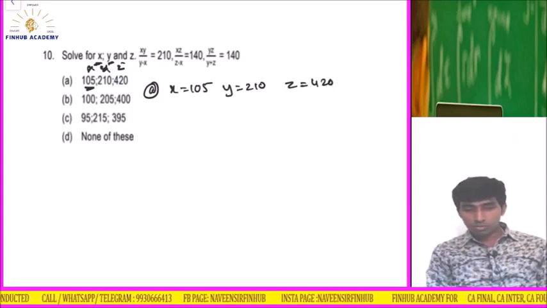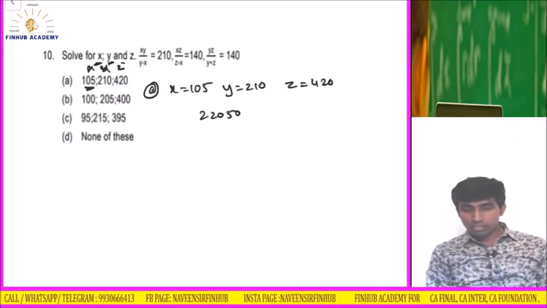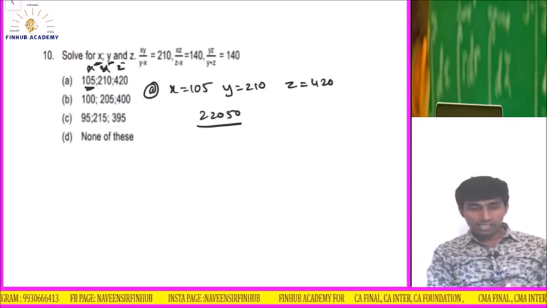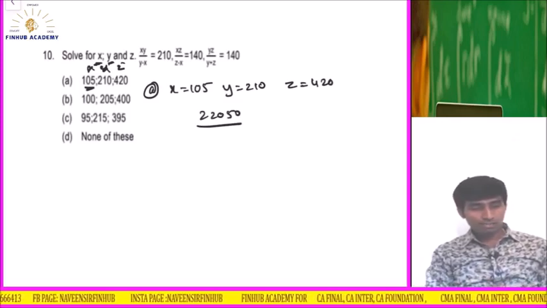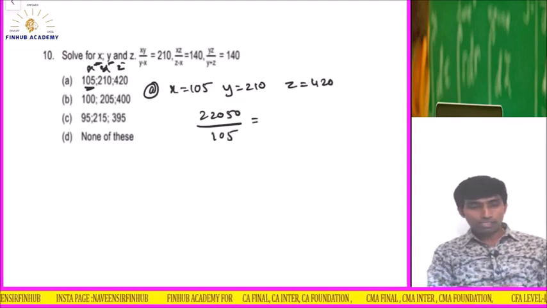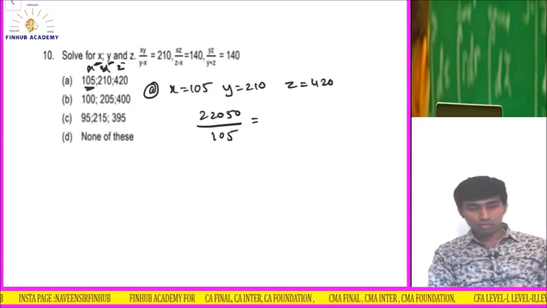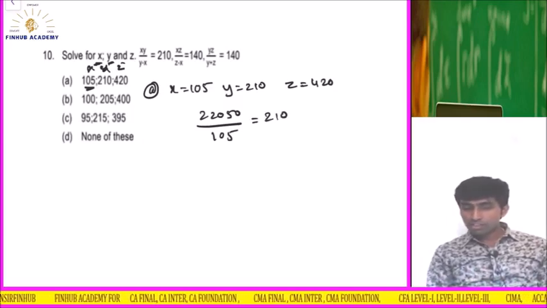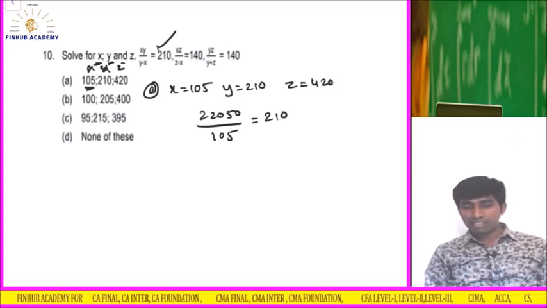I'll get 22050 upon Y minus X. Y minus X is 210 minus 105, so I'm getting 105. So 22050 divided by 105. You can obviously use the memory function. The answer is 210. So this is getting satisfied.